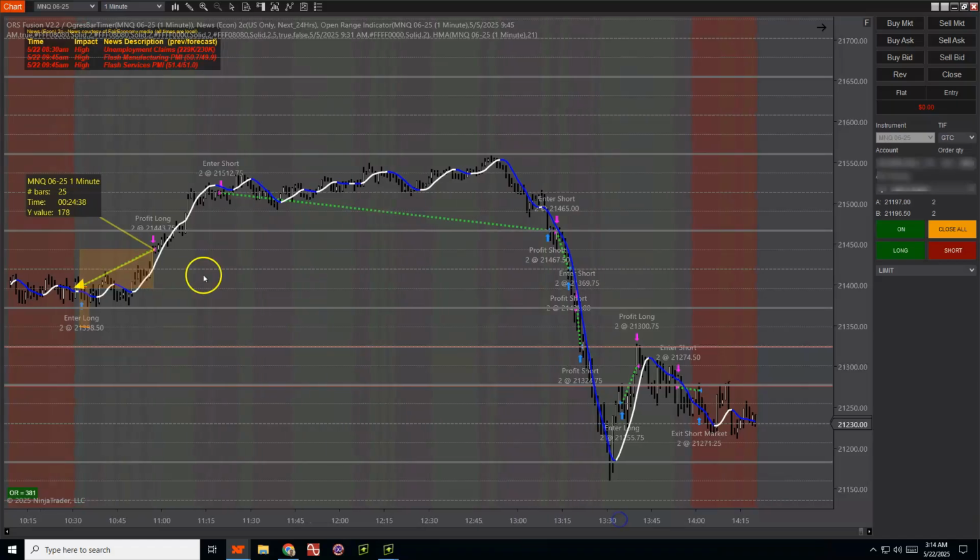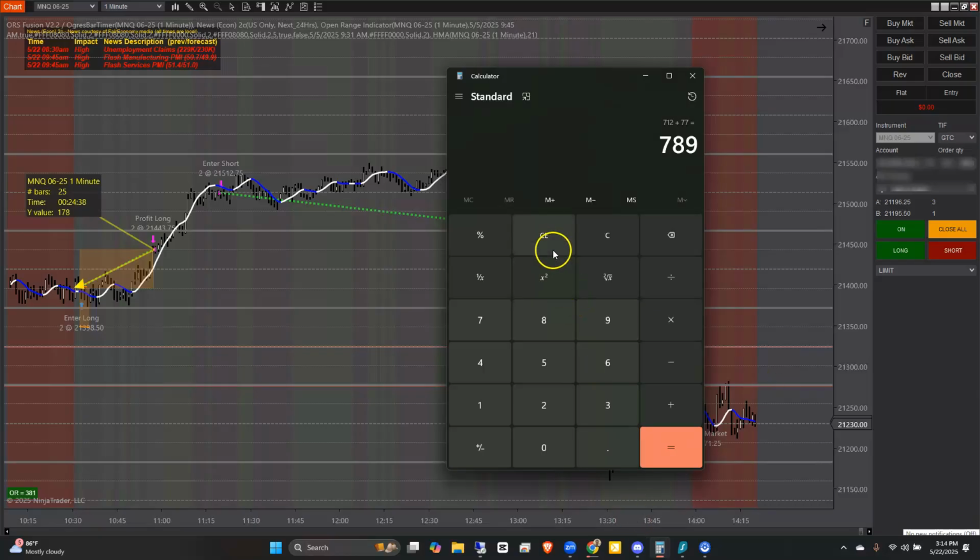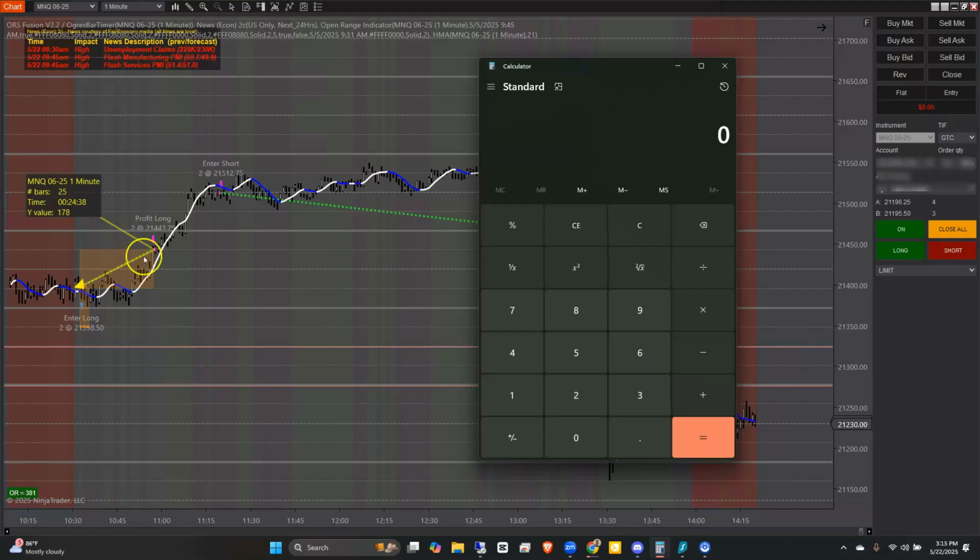So as you can see, each trade today would have been worth, and we're using two micros, so we can easily calculate our risk. The risk management with ORS is pretty amazing. These templates are all flattened risk at two micros each. But we can see if our target was indeed 178 ticks, it's pretty much a 1-to-1 risk-reward ratio.